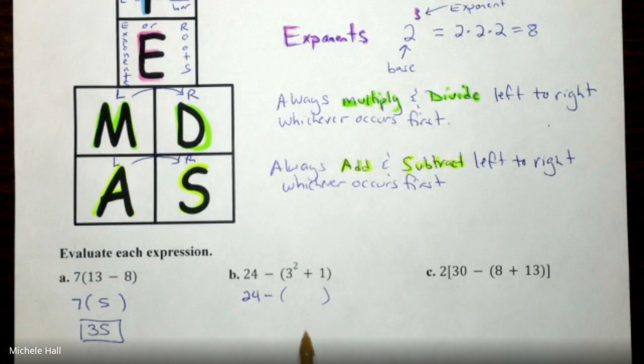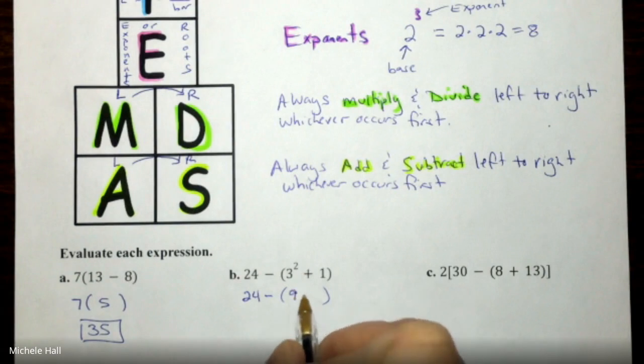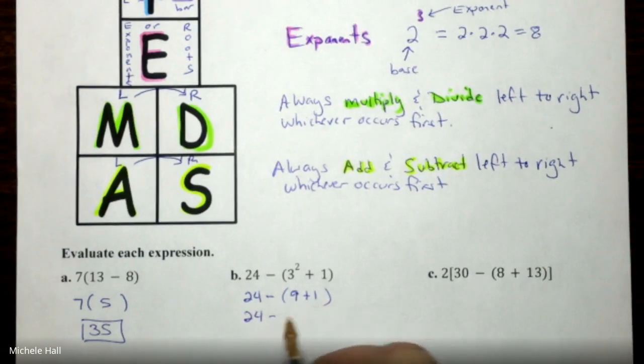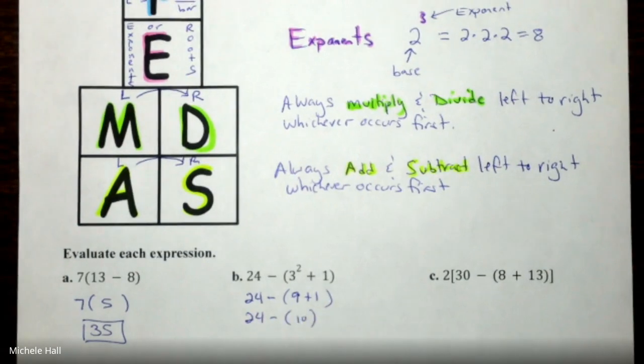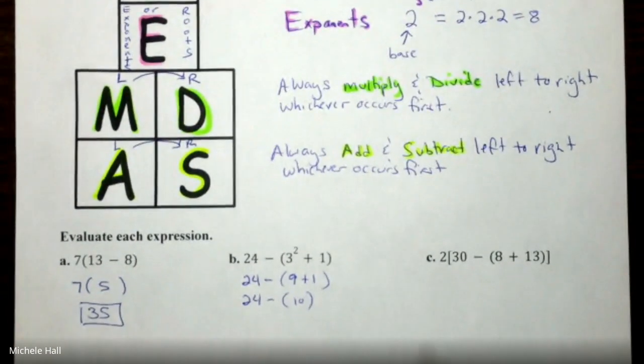And so I would start with that first. 3 squared means 3 times 3, which is 9. I finish until I have a single number, a fraction, a decimal, a whole number, in the parentheses. 9 plus 1 is 10. And now I have 24 minus 10.